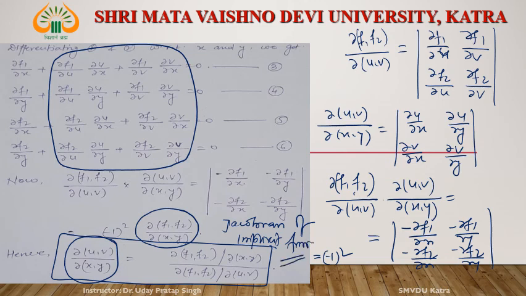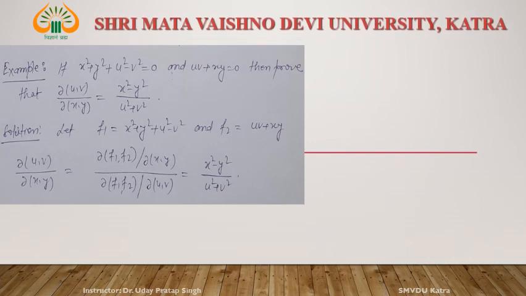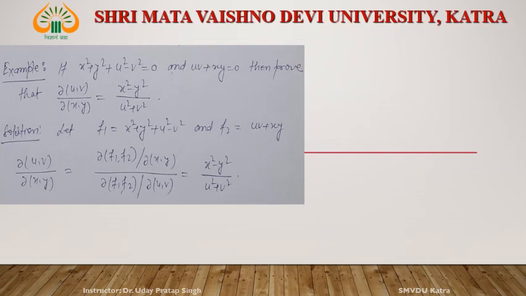Okay, let us see one example. If x² + y² + u² − v² = 0, this is one function, and uv + xy = 0, this is another function.